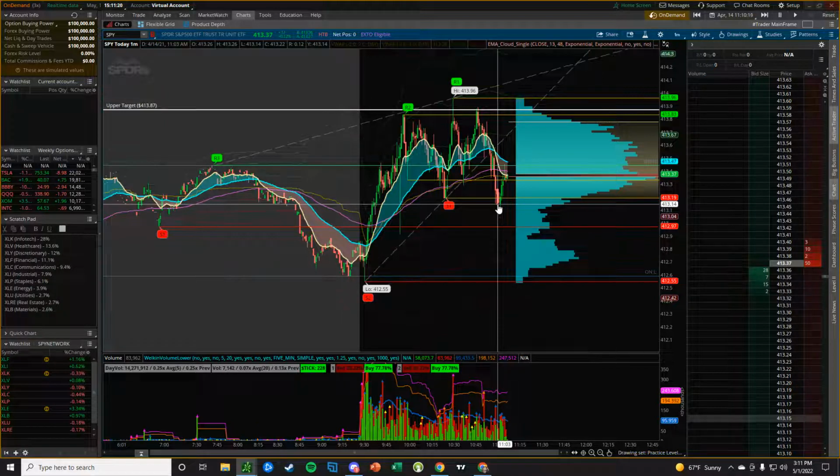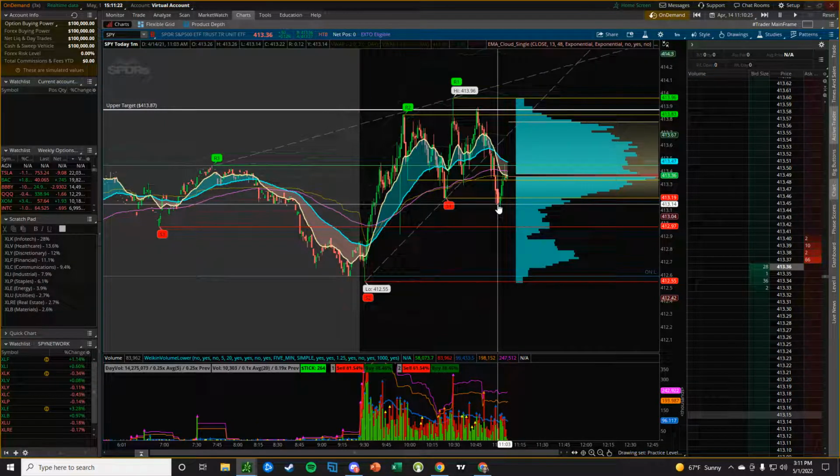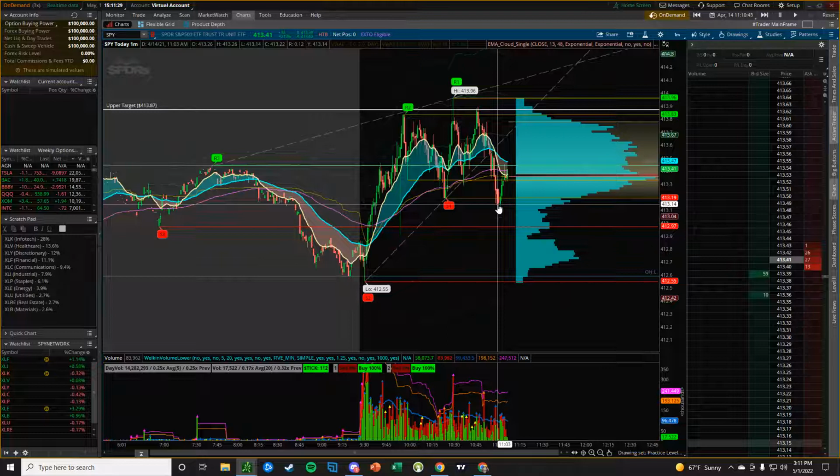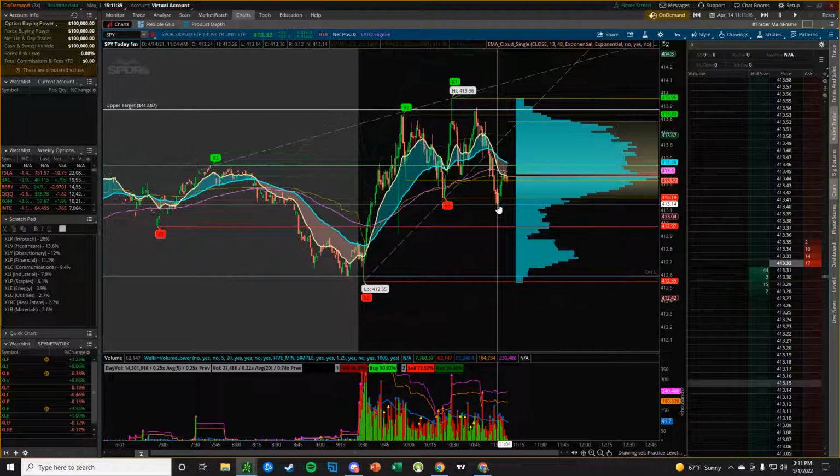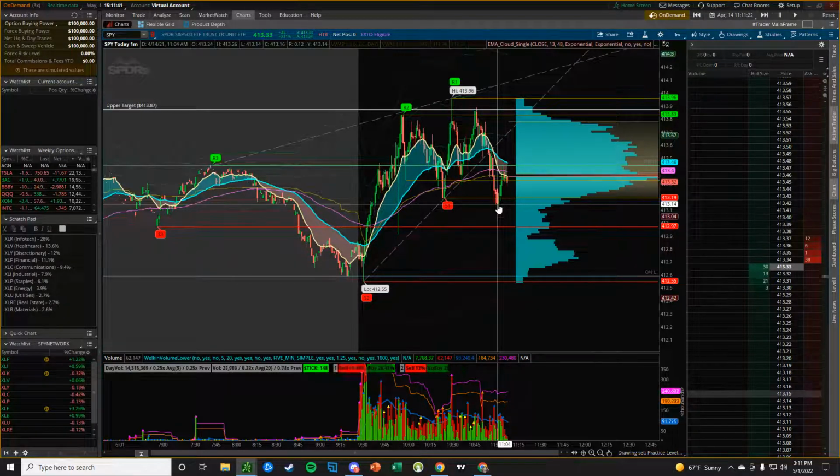I don't know. My gut just tells me not to trust it, though. So risk to reward, statistically speaking, just from what we see, this makes sense for a short. But my gut tells me not to enter short. It's also not telling me to enter long, but we'll see if I'm right or wrong.